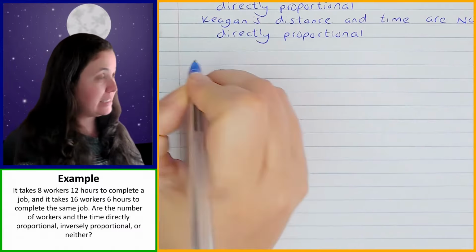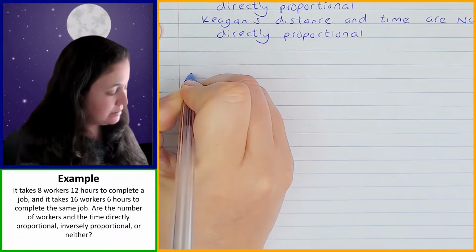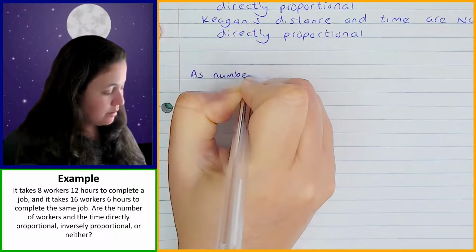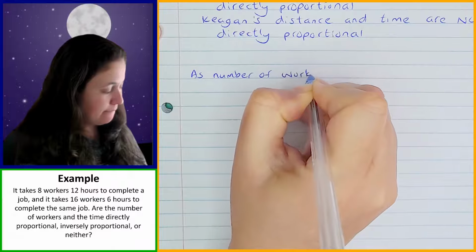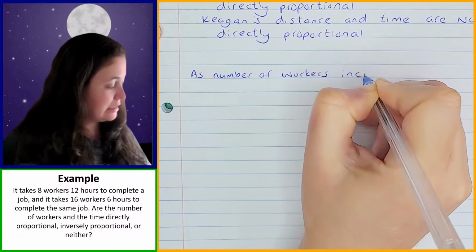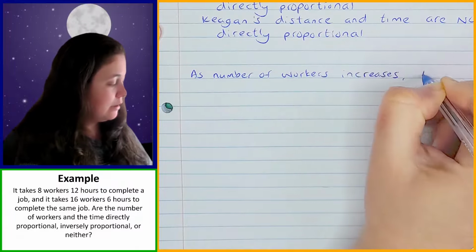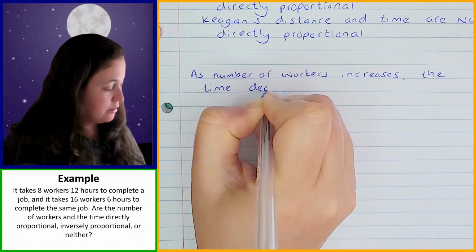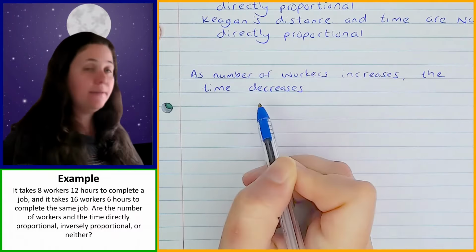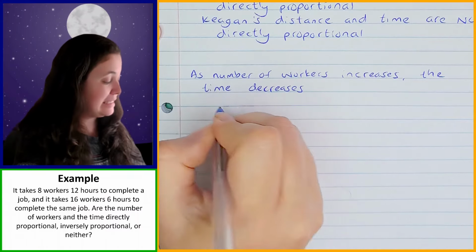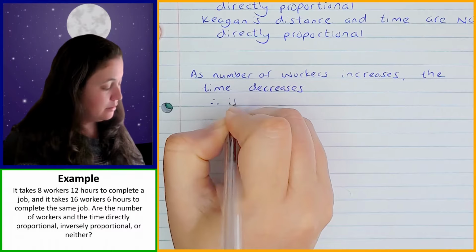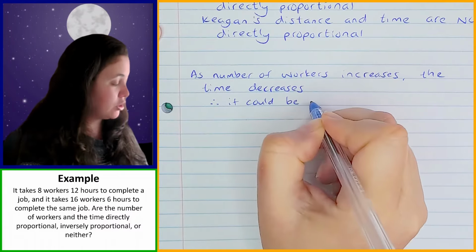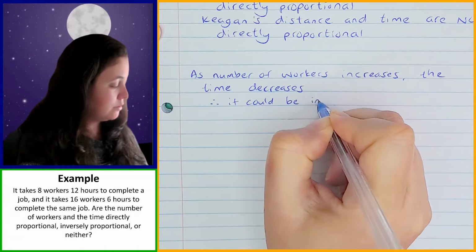Okay, so I can say that as the number of workers increases, the time decreases. Okay, now what that means for us is that it could be inversely proportional.